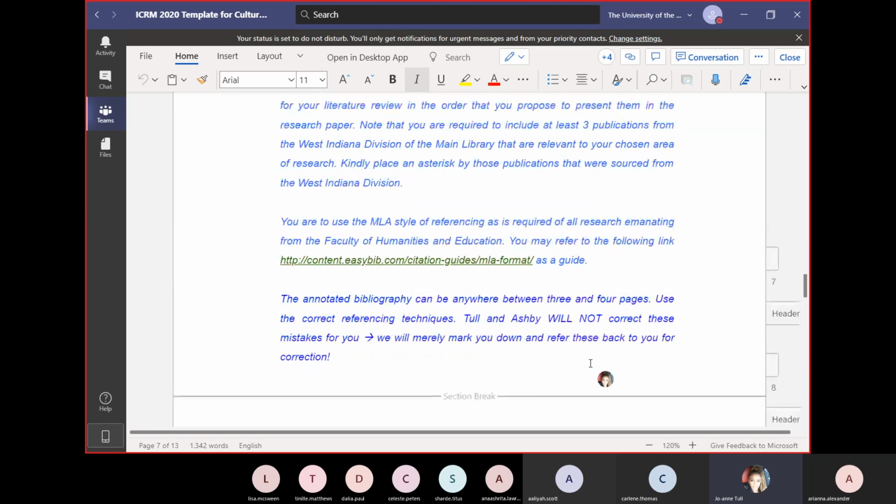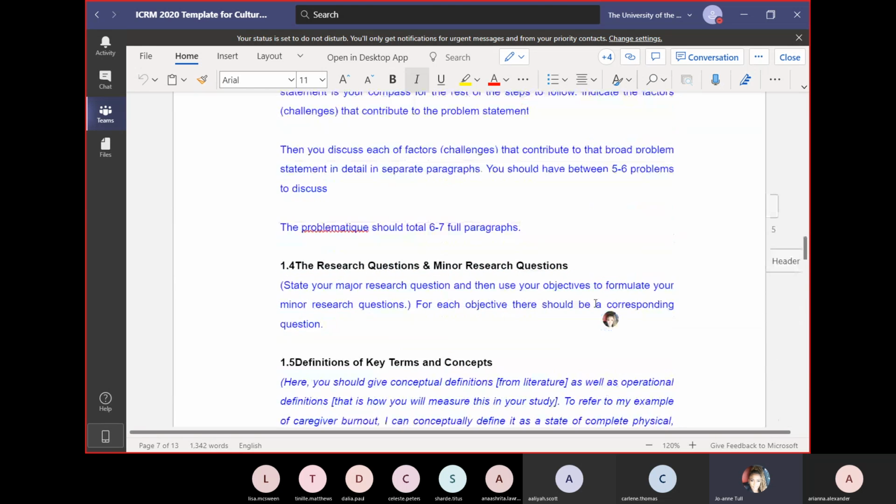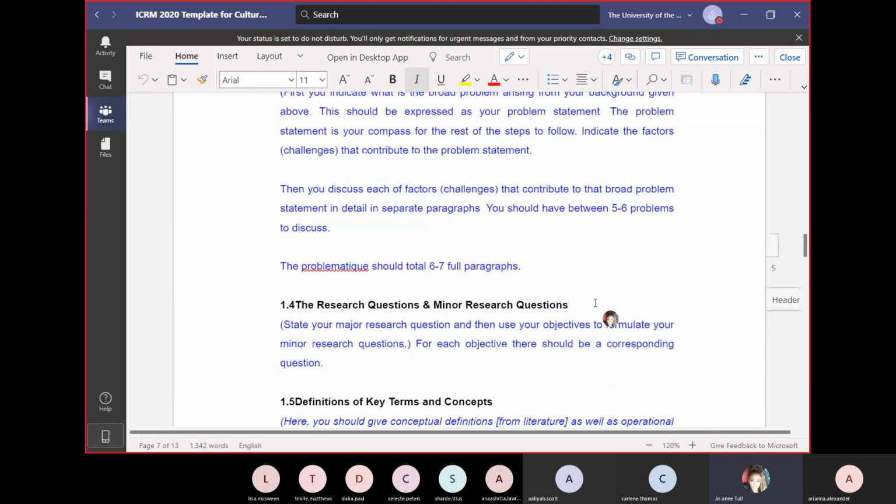So where then, class, would the subsidiary aims come from? If we've been able to use the overarching aim to create the research question, where then can we pull the minor research questions from? Anyone, quickly. Subsidiary aims. Correct.